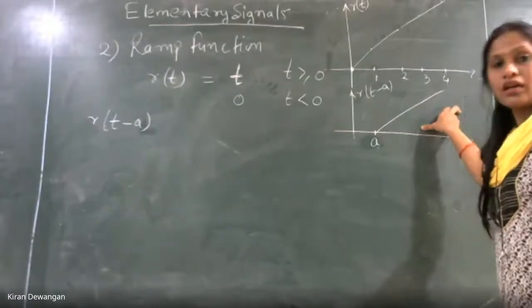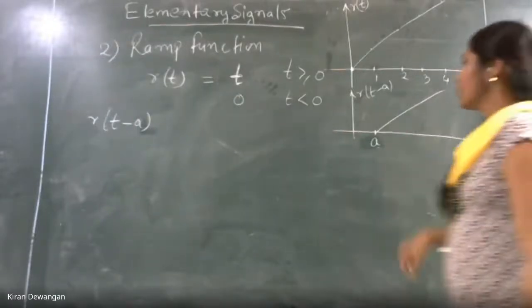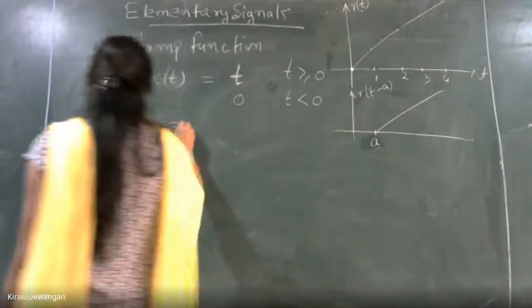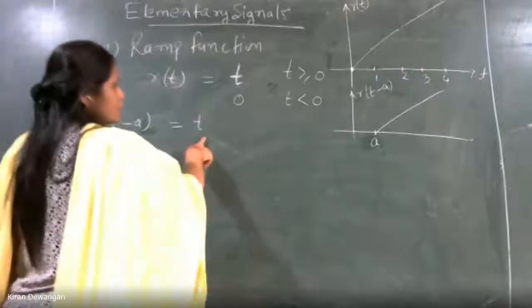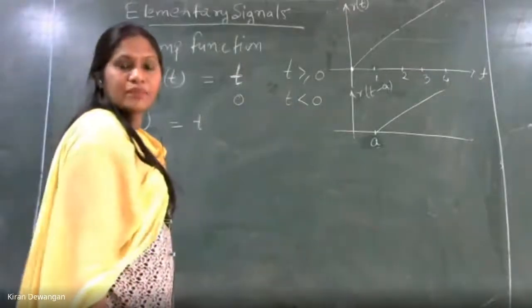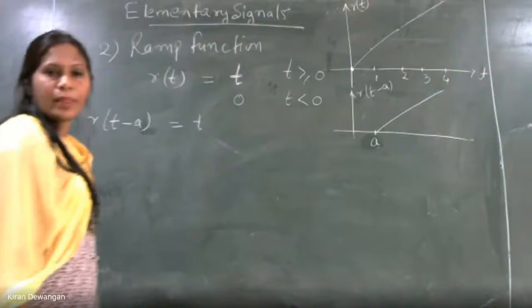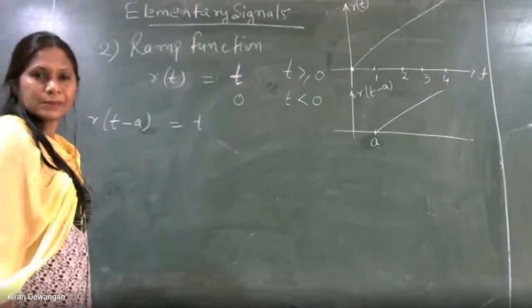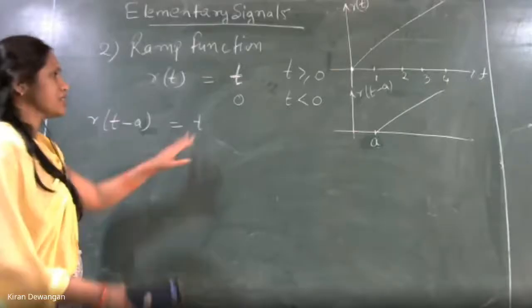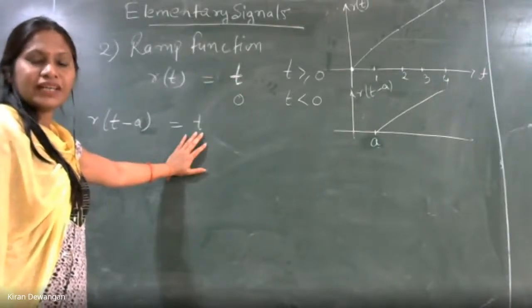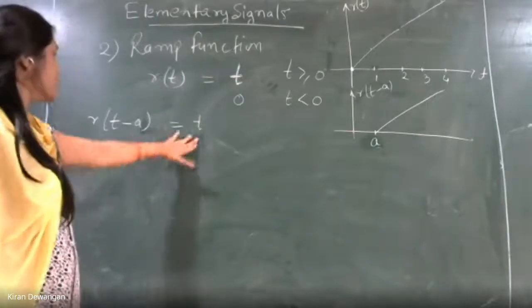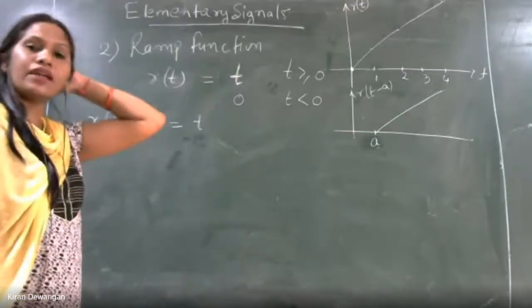The entire plot will remain the same, but how will we define what gets shifted? t greater than or equal to a. What is it? If we do t minus a, how will its definition be? What will be the value at t minus a?